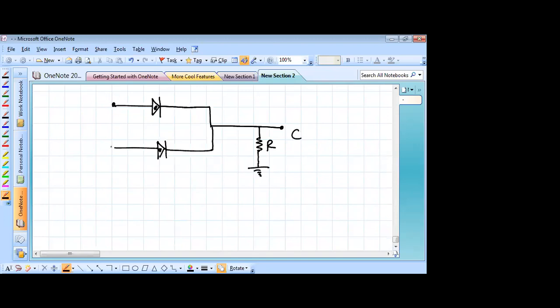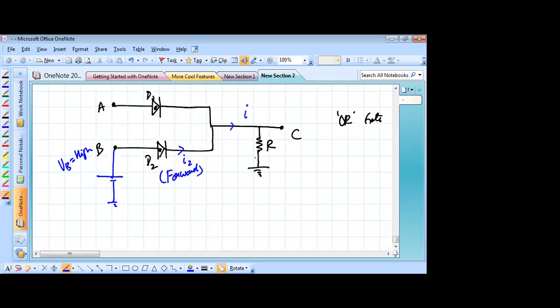So you see that this implements the OR gate, because in this, at least one of the two diodes is forward biased. So VB is high, so this is forward biased. So there is a current through this, and the voltage of C becomes IR, it becomes high.